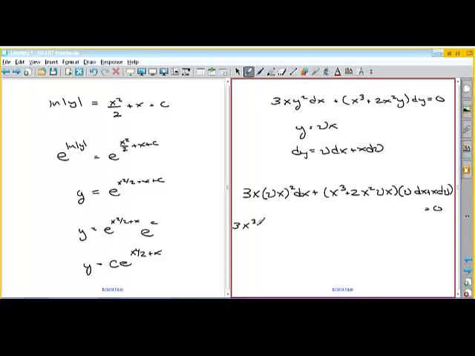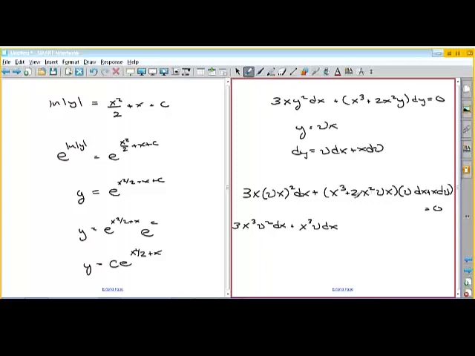Then we have nu squared times dx. So that's all this stuff multiplied out and grouped together and ordered. Now the second one, you're going to have to use FOIL. So what we'd end up with is F would be x cubed times nu dx. So that times that.